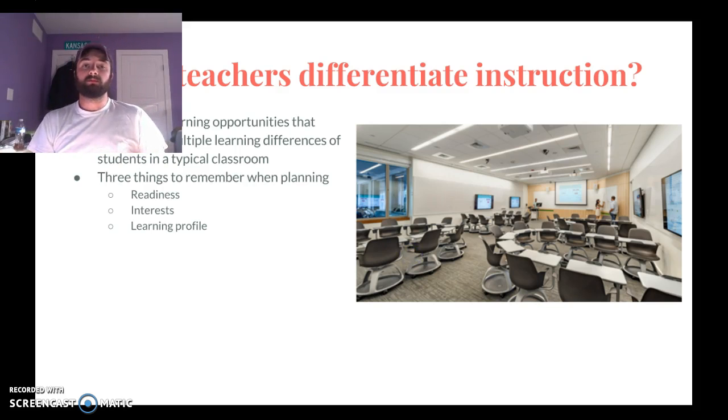How do teachers differentiate instruction? Well, there's a lot of different ways to do it, but the basic thought behind it is you figure out how the students in your classroom best learn. You figure out a way to teach them in a way that they will understand it, and then you figure out a way to know that they did.